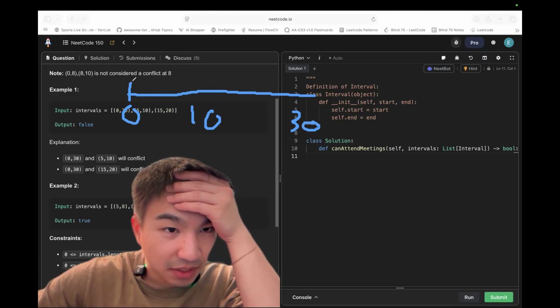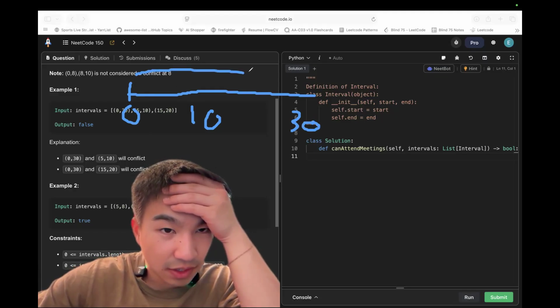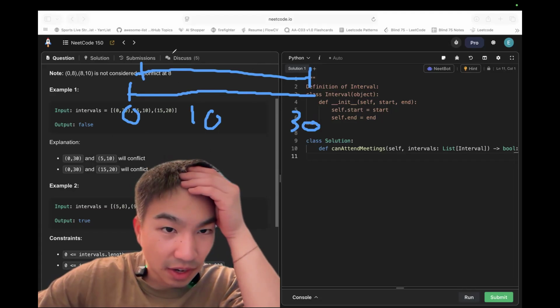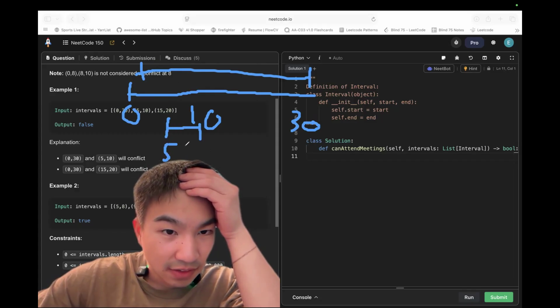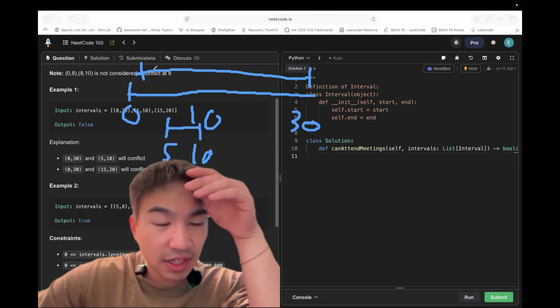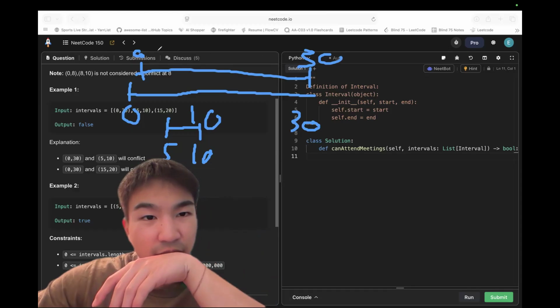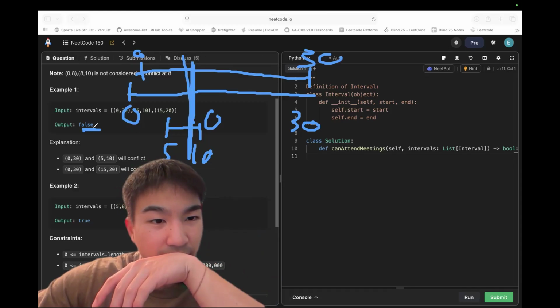So we have a time interval that goes from 0 to 30, and then we have another time interval which goes from 5 to 10. So we could say this is 5 and this is 10. Do you see how this interval from 0 to 30 is overlapping with this? They go at the same time. That's why we return false.